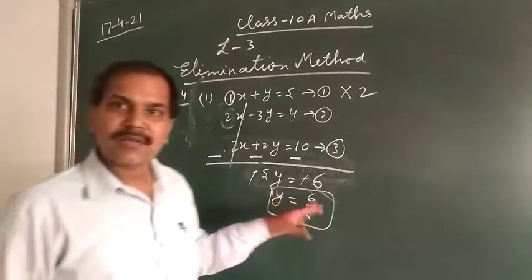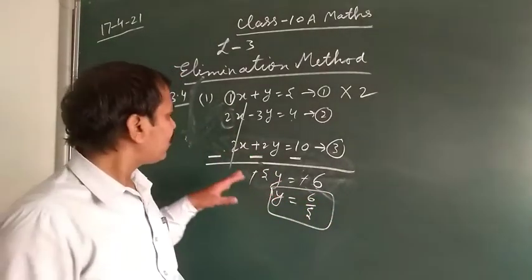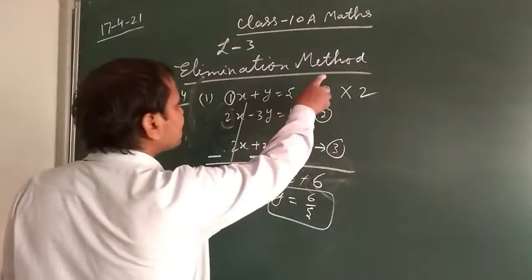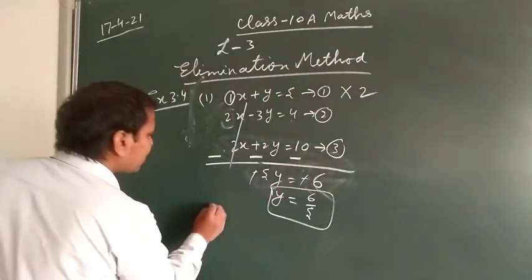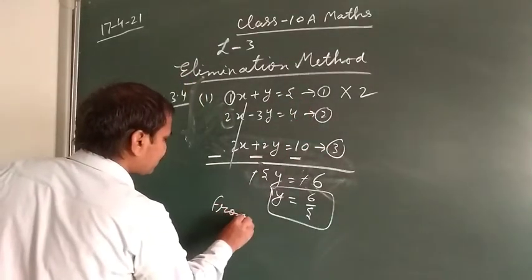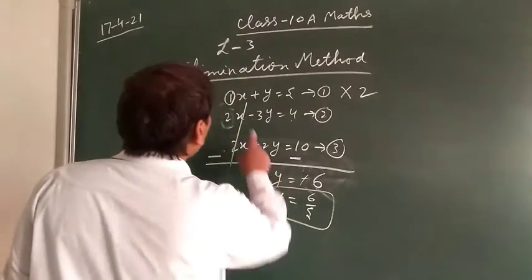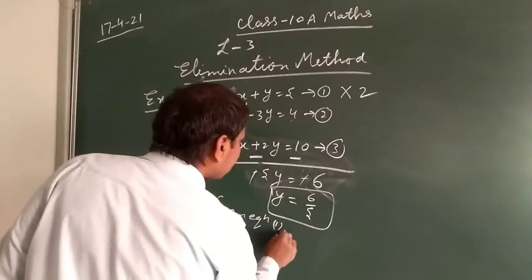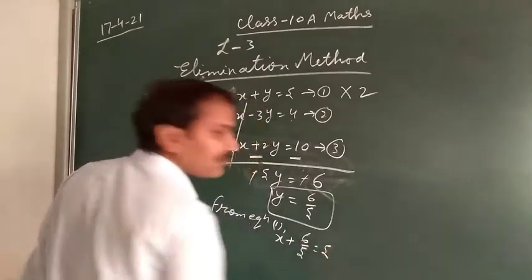And after this, the same process you did in the substitution method, you have to do here also. Putting the value of y in equation 1, 2 or 3. So from equation first, putting, x plus y, which is 6 by 5, is equal to 5.